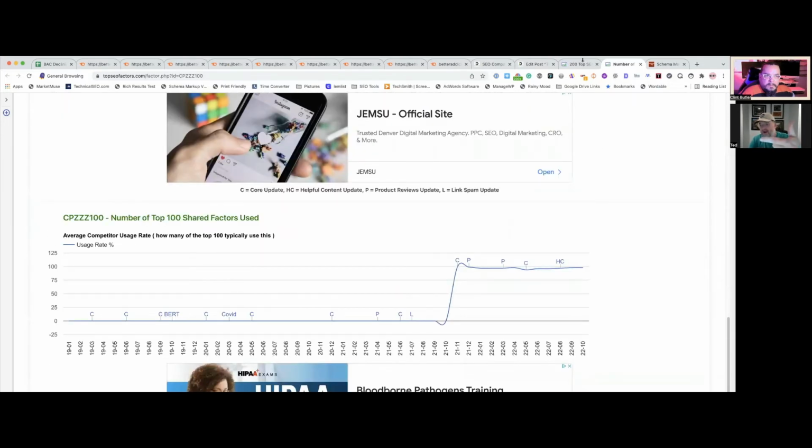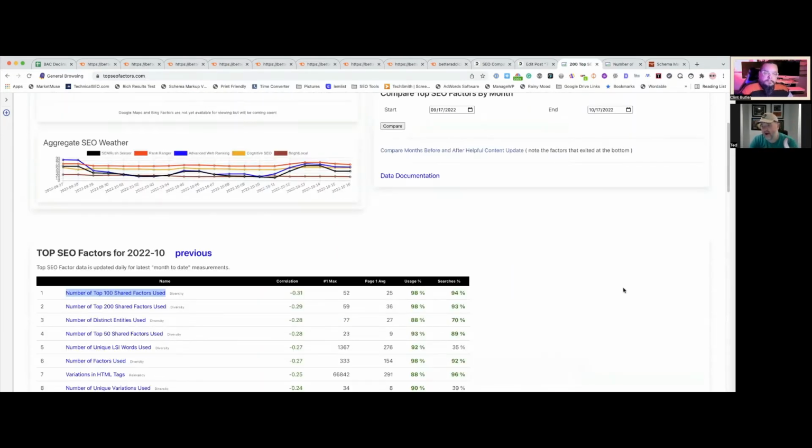But what ends up happening when you have that graph is as you get closer to ranking number one, if it's a normal ranking factor, you tend to have more of that factor if it influences rankings. Right. And so what ends up happening is your slope of the line has a negative slope because the more of the factor you have, the closer to one you are.